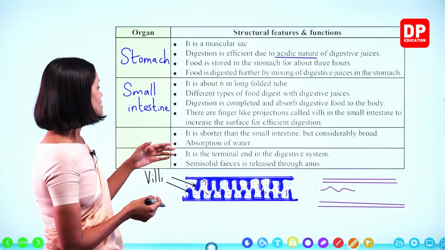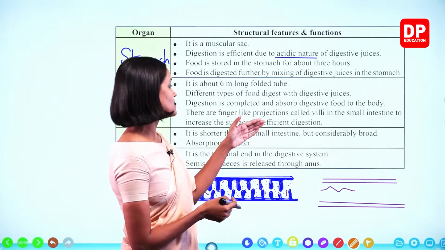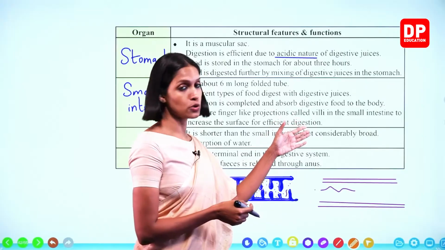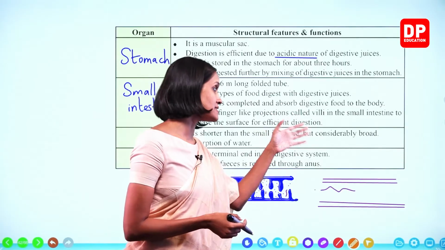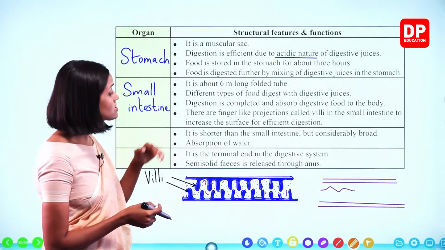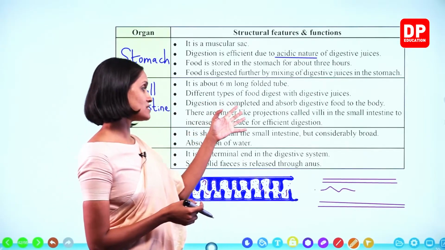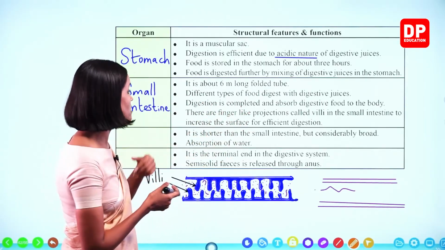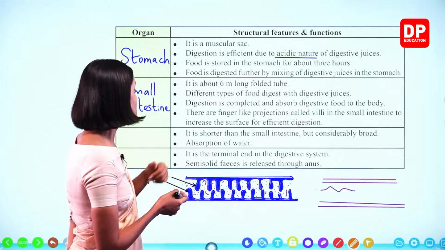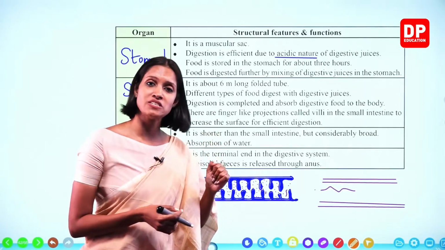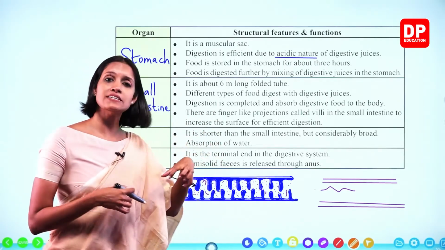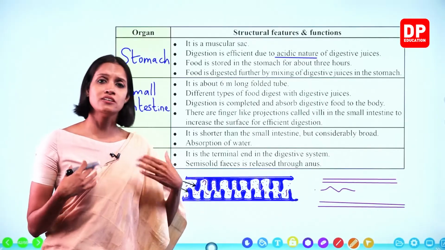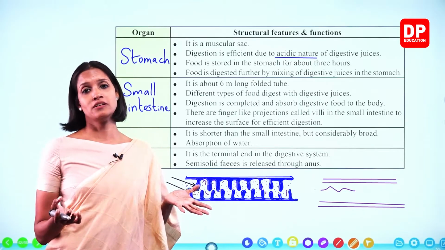Next one. It is shorter than the small intestine but considerably broad. What is this? This is the large intestine. Right? This is shorter than the small intestine but it is broader. That is why it is known as the large intestine. Absorption of water takes place. I told you all, when the food enters the large intestine, the digestion and absorption are both completed.